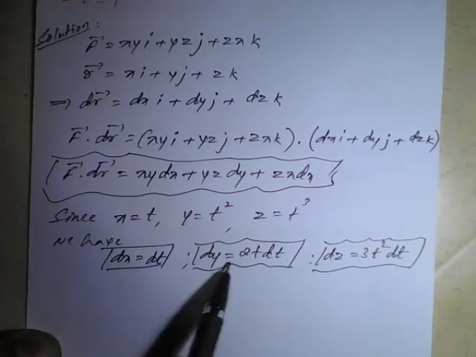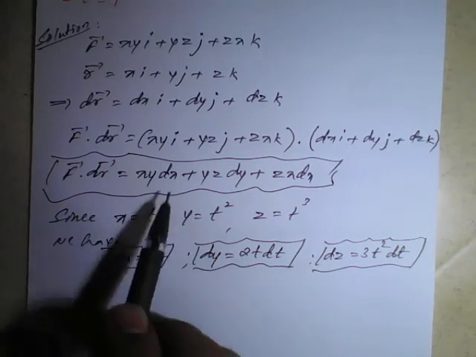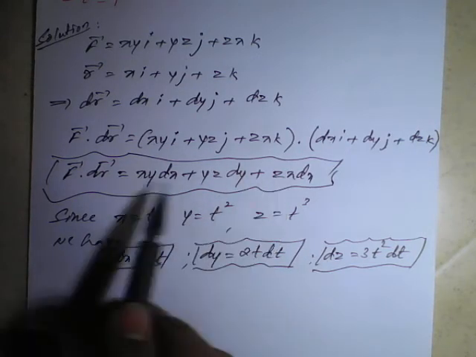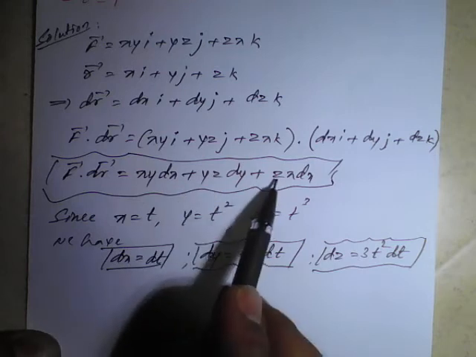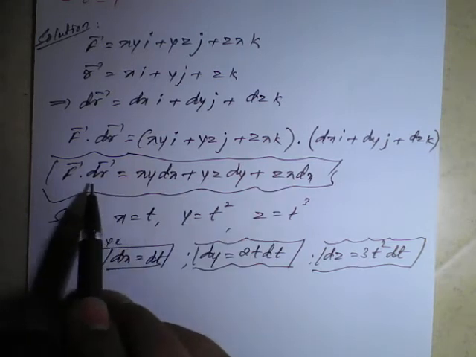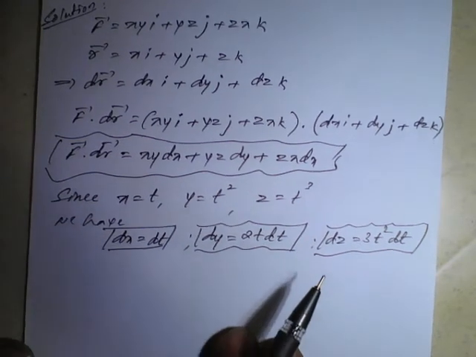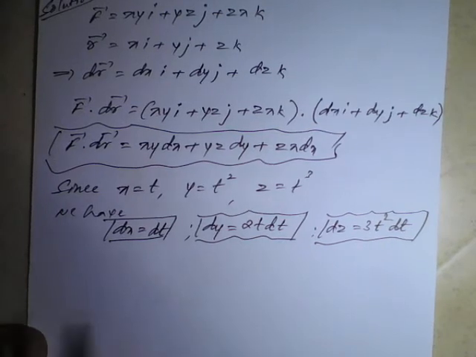Means these are the values of dx, dy, dz we need to replace here, and we'll apply the xy, yz and zx values, and we'll reframe our vector F dot dr in terms of t.